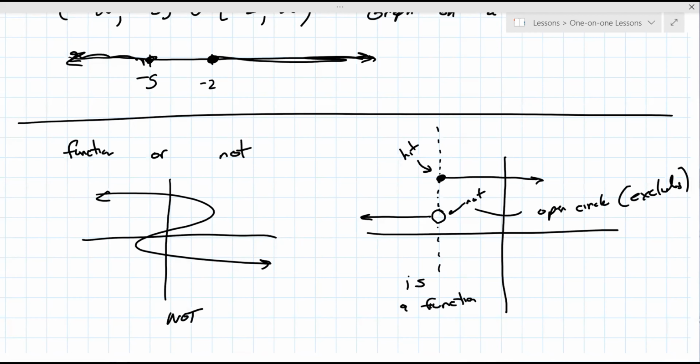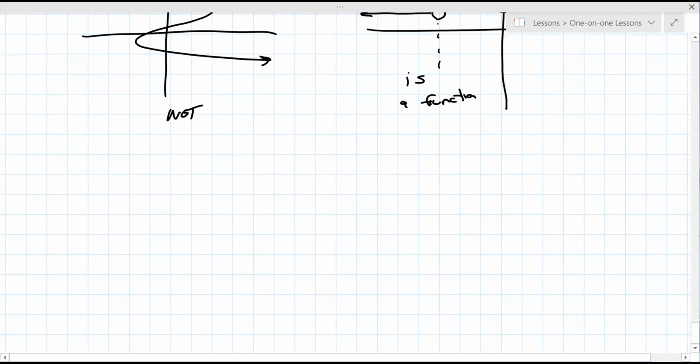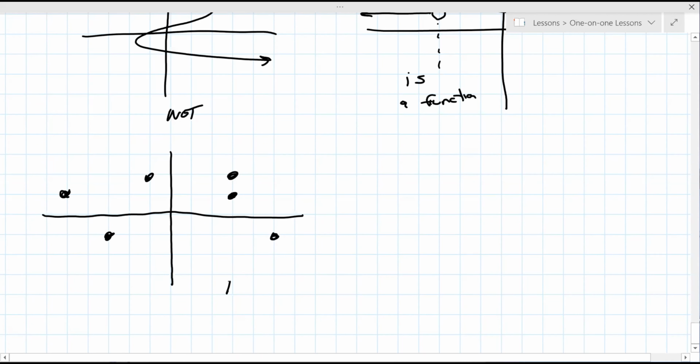Another graph you might see is where you have a dot here, and these are just points, one there, and one there, and one there, and one there. This is not a function because the line hits and it hits, so that's twice. That's no good there.